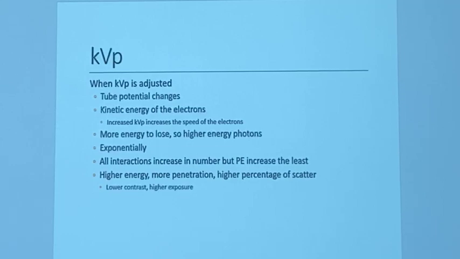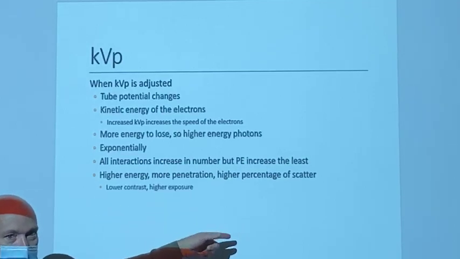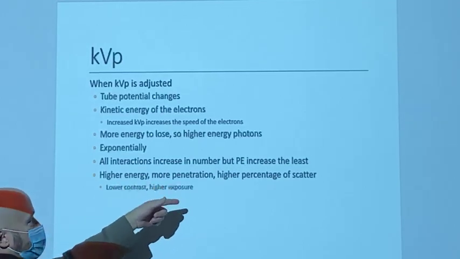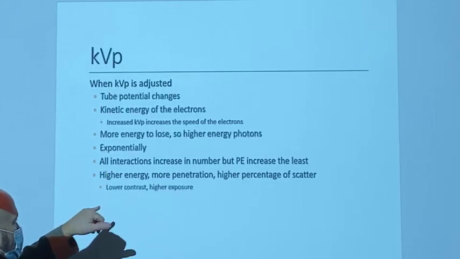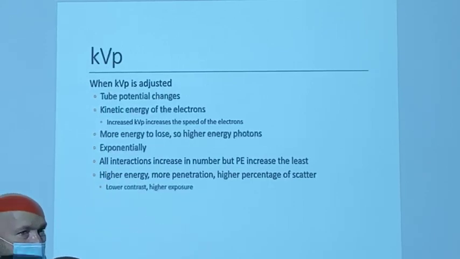Okay. So higher energy, we get more penetration, higher percentage of scatter radiation. And since we get a higher percentage of scatter and a higher percentage of penetration, that should theoretically give us lower contrast with higher exposure.